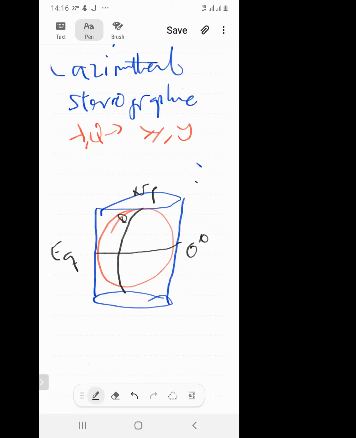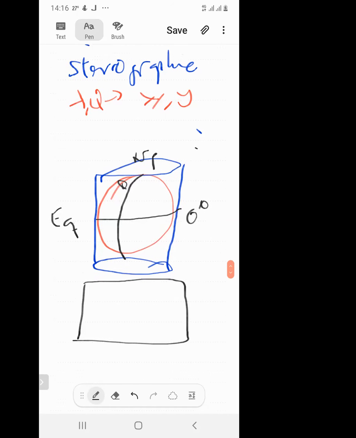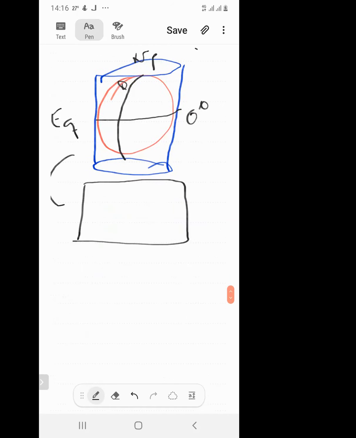Then there's a transformation, and it's mathematical. When you finish, open it up. So this is the developed cylinder. The transformation from here to here is really a transformation from longitude and latitude, lambda and phi, to x and y.